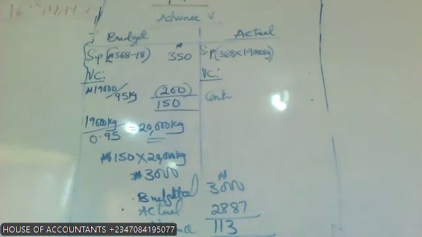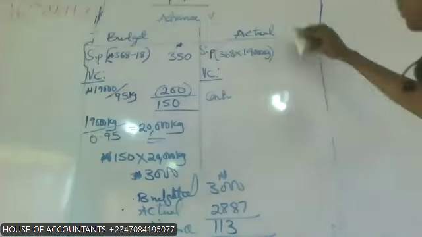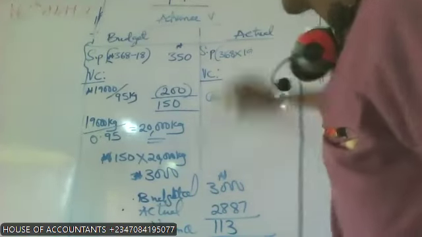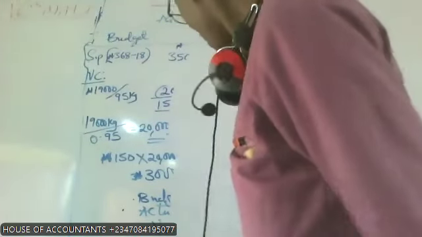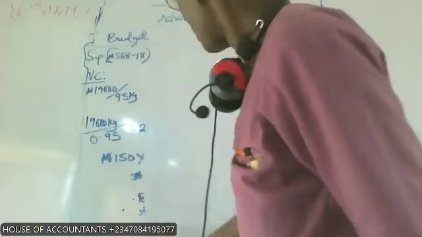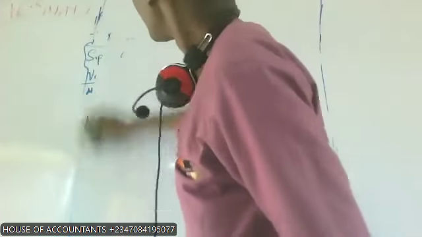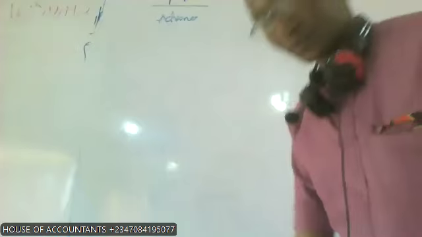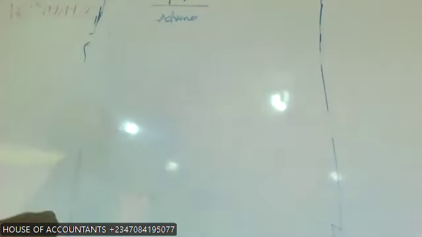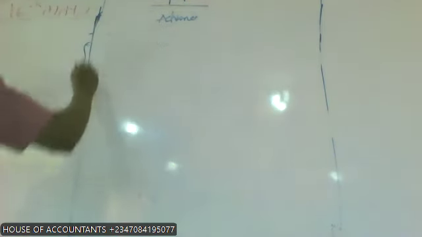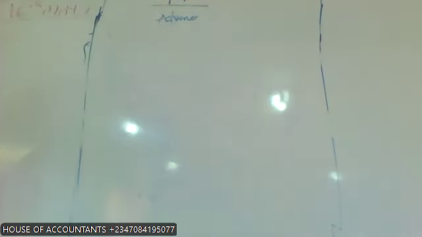So now let's go to all the possible variances that we can get. In this question we have both material and sales, just two items.